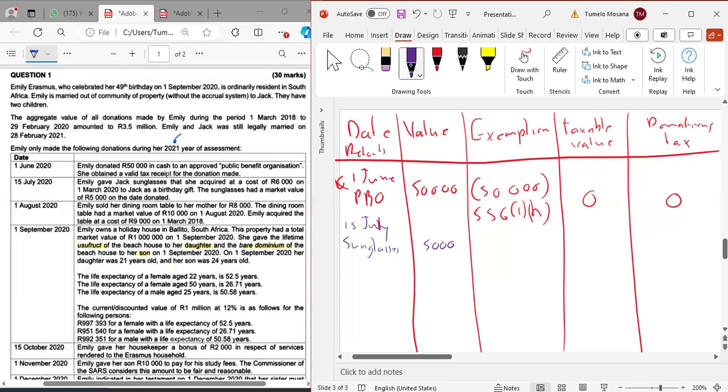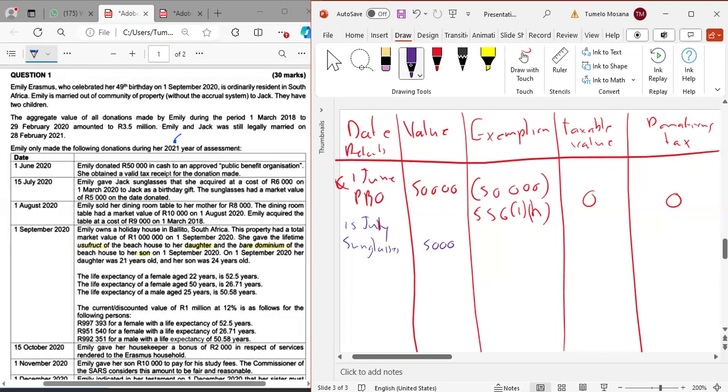I don't know why it is not exempt, but I think it is not exempt. Okay, let's read. Emily gave Jack. Who is Jack? The husband. Yes. Okay, let's move on.